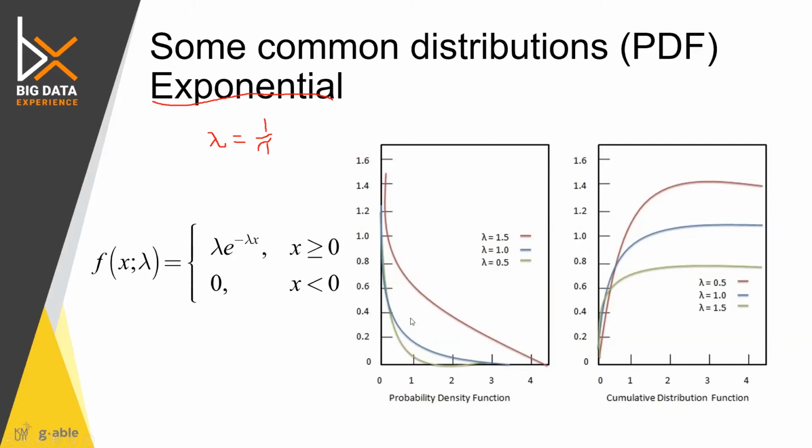Well, I think this one might be wrong, because if lambda equals 0.5, I think this one is wrong. You can try it out, because larger lambda should increase the rate, and if it increases the rate, then you should go down faster. So the color might be wrong. Please check this; maybe you can try it out yourself.